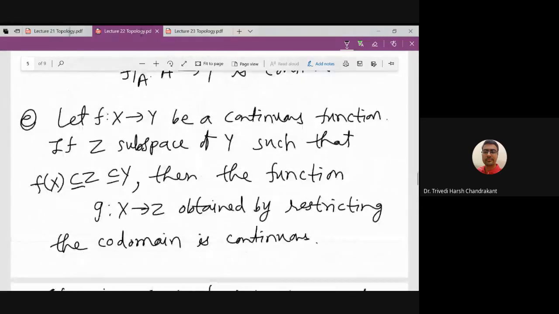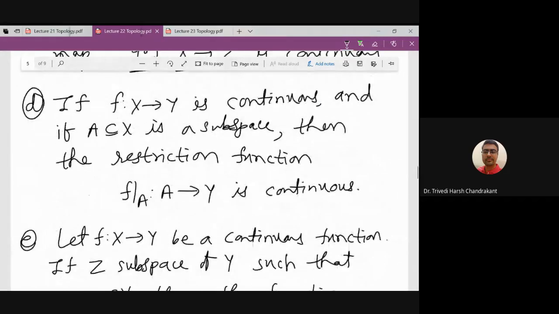Similarly, the D part we can prove. In D part we want to prove that if f is a continuous function and A is a subset of X, A is a subspace of X, then the restriction function is continuous. So how do we define the restriction function? Basically, we are restricting the domain.